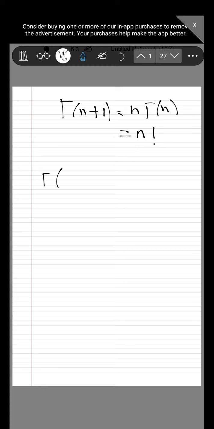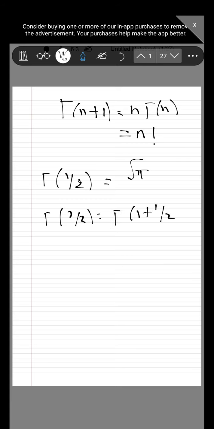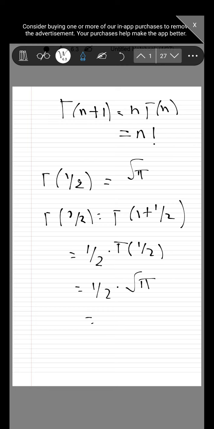Then gamma 1 by 2 is equal to root pi, and so gamma 3 by 2 is equal to gamma 1 plus 1 by 2, and it is equal to half into gamma 1 by 2, which is 1 by 2 into root pi, so it's equal to root pi by 2.